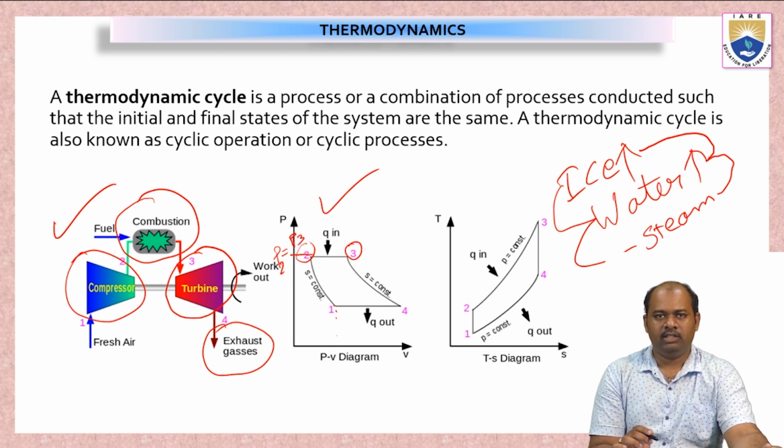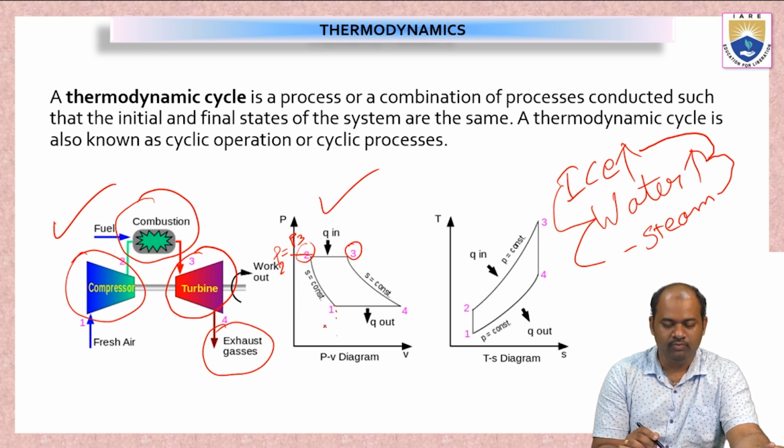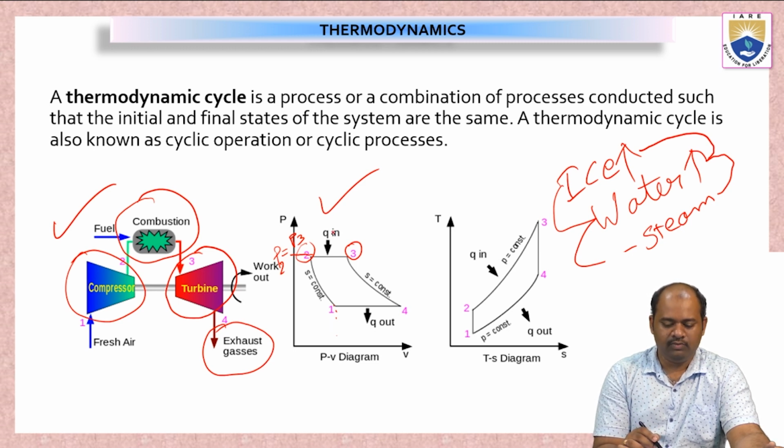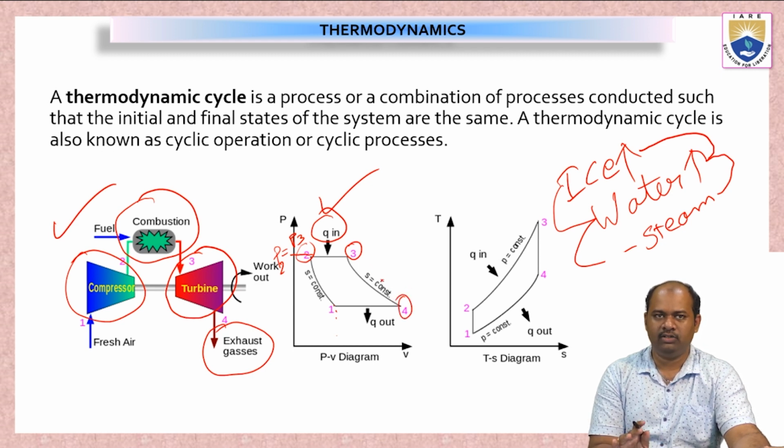We have constant pressure, but we are adding fuel and making the combustion. Due to the combustion, the volume of the contents in the cylinder will increase. With the addition of energy Q in, we are increasing the volume. And then from point 3 to 4, we can clearly see that there is no heat addition or rejection.